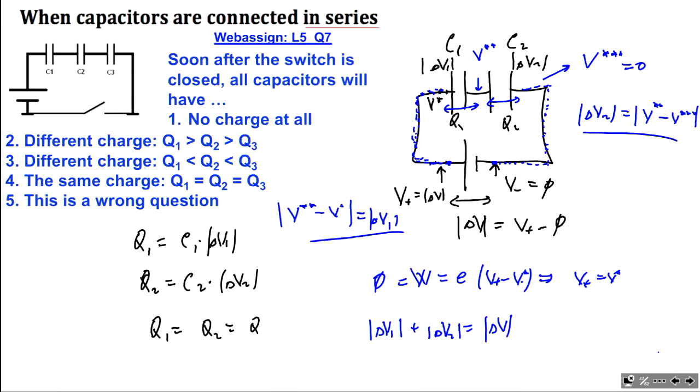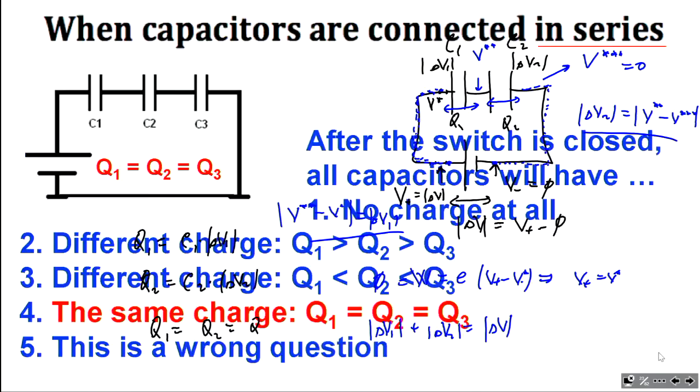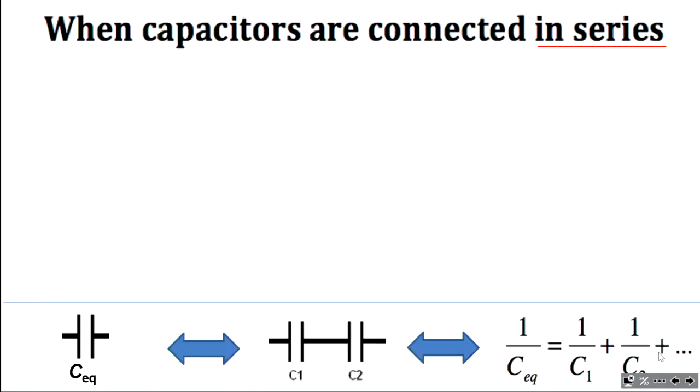It depends on actual capacitance. But if we measure or calculate the voltage across the first capacitor and the second, and add them up, we always get the original voltage provided by the battery. That's it. And we will use this fact very soon.